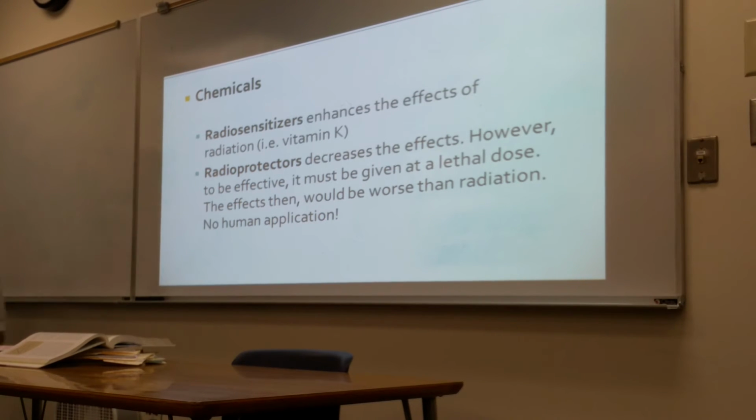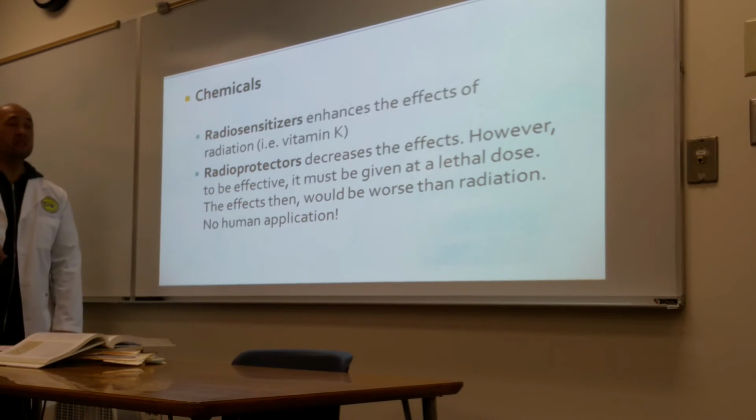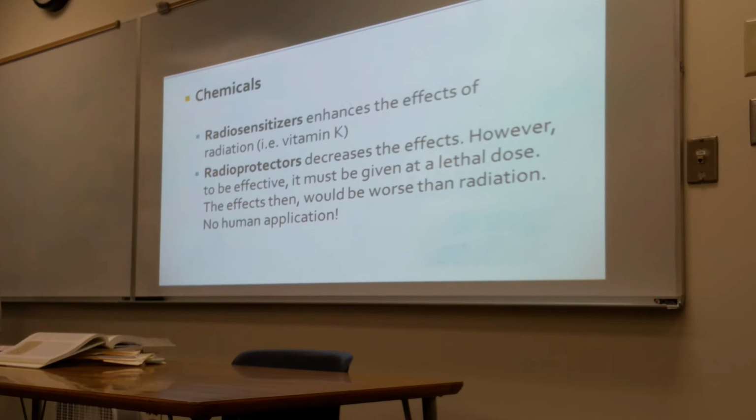Whereas you have radioprotectors, which decrease the effects of radiation. Now here is the caveat. To be effective, it must be given at a lethal dose. The effects then would be worse than radiation. So there are no human applications for radioprotectors.